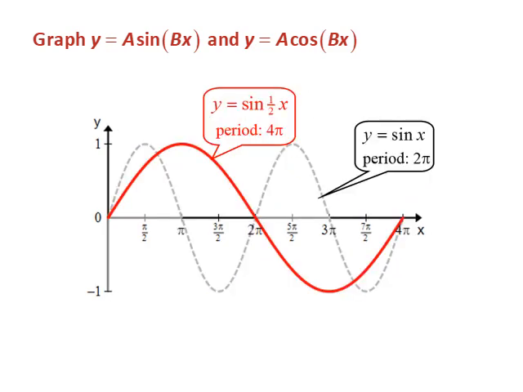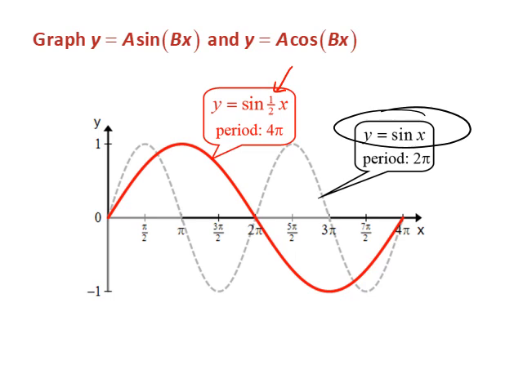Take a look at this one. Here, again, in the black is the parent function, but in the red, now I'm multiplying by a factor of 1/2. So now what I'm doing is I'm stretching this out.